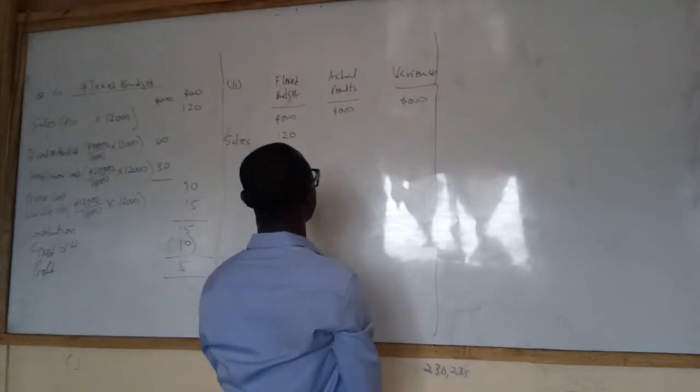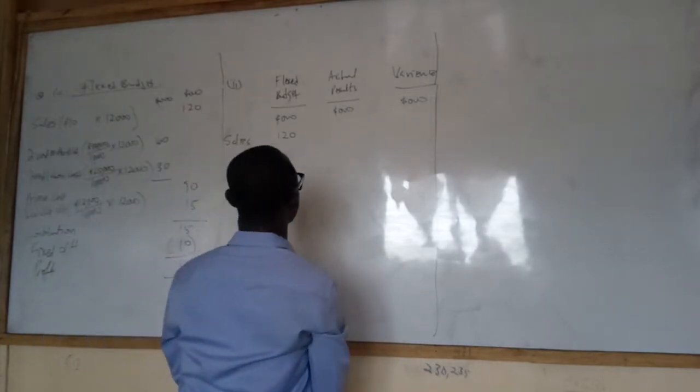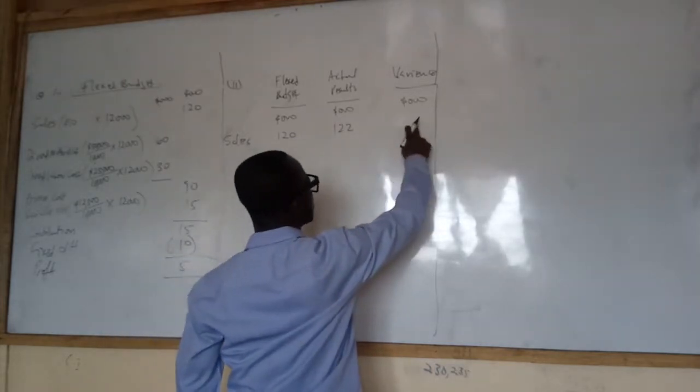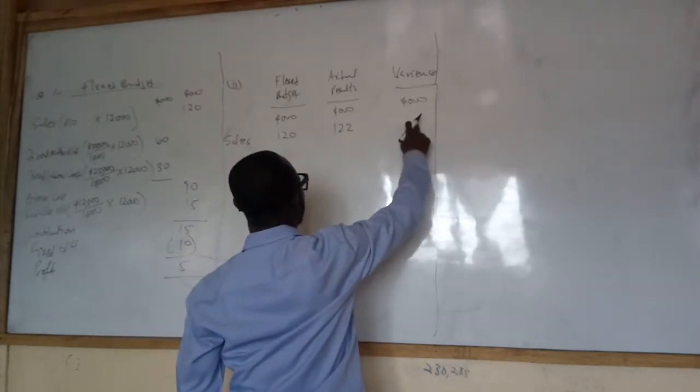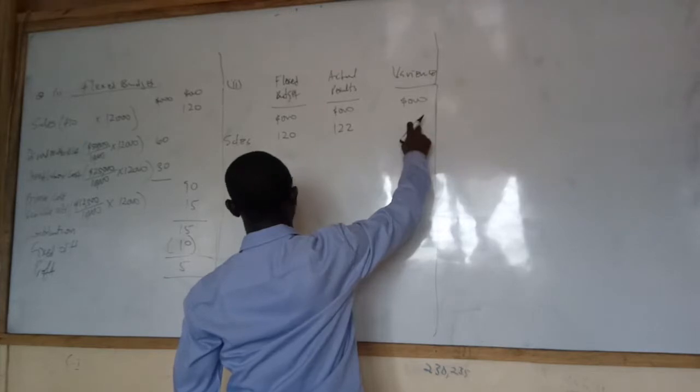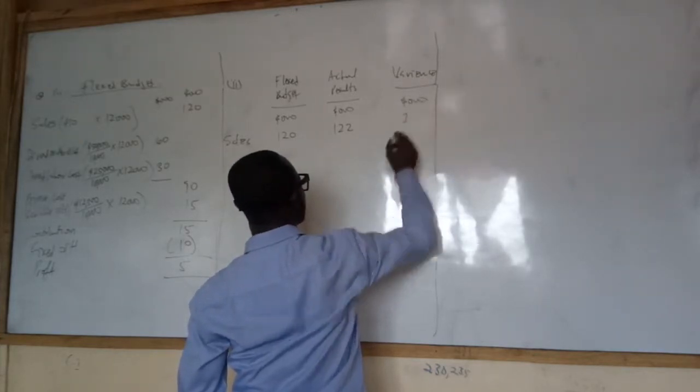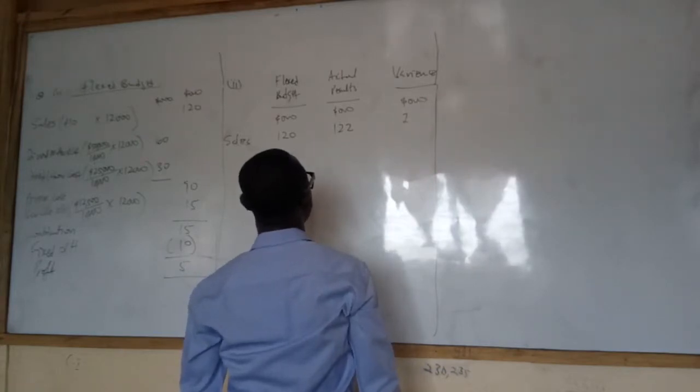Actual sales was 122,000. Variance. Good or bad?